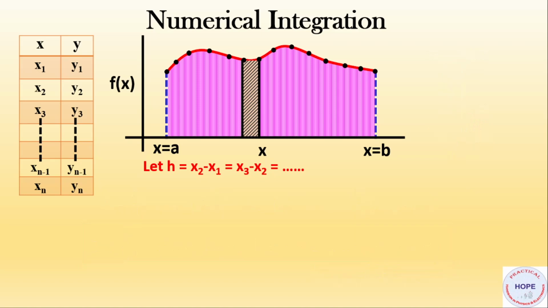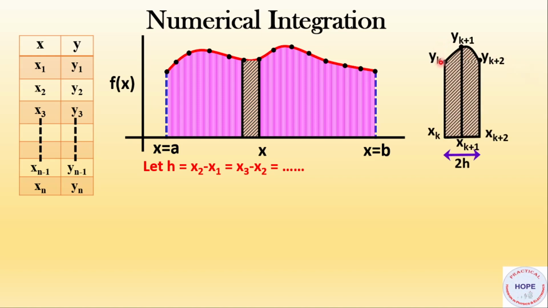Next, there can be another case in which instead of connecting the 2 points via a straight line, we can connect 3 points via parabola like this. So we are considering this polynomial p(x) of the order 2, quadratic. So we have connected 3 points y_k, y_k plus 1 and y_k plus 2 like this.